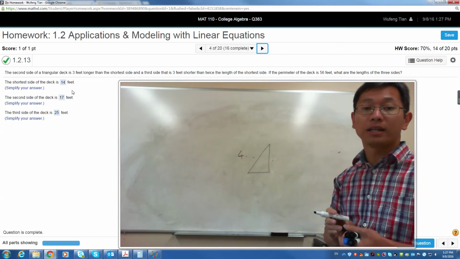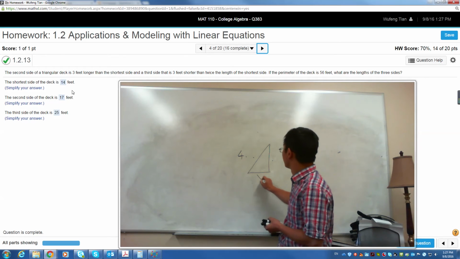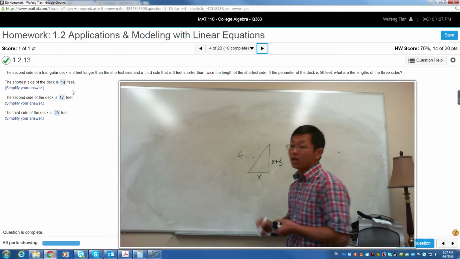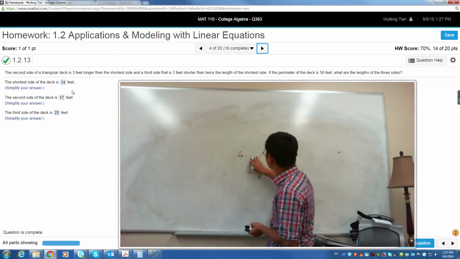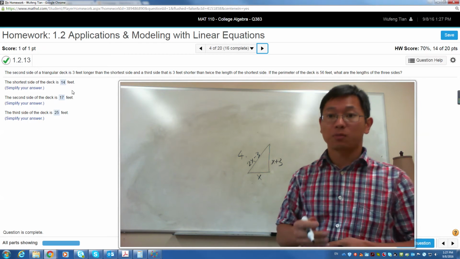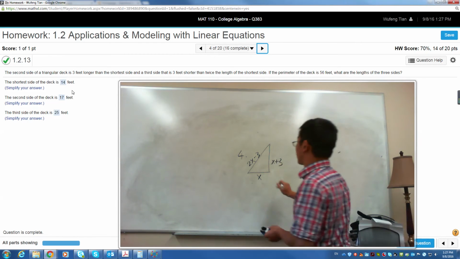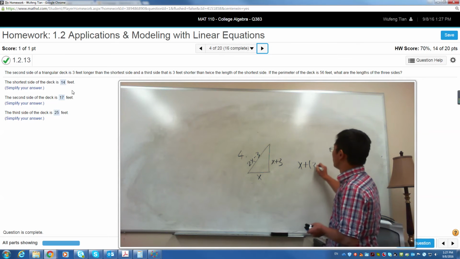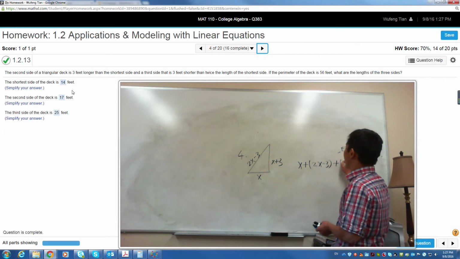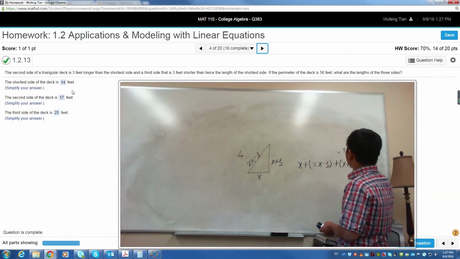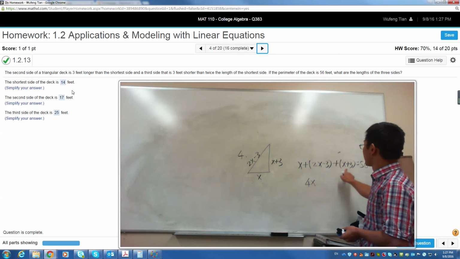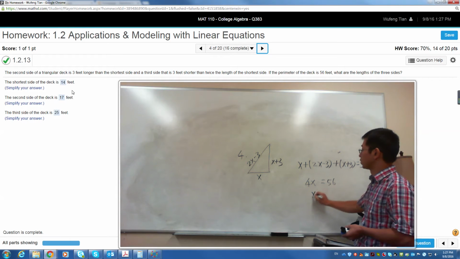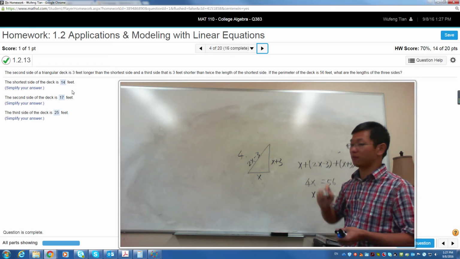The second one is 3 longer than the shortest, so x plus 3. The longest one is 3 shorter than twice the shortest, so 2x minus 3. The perimeter is 56, so you add all 3 together equals 56: x plus 2x minus 3 plus x plus 3 equals 56. x plus 2x plus x is 4x. Negative 3 and 3 cancel out, 4x equals 56, and x equals 14. Plug x into those 2, you can find the other 2 sides.